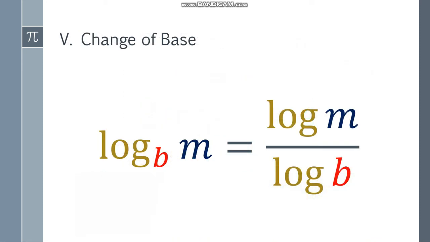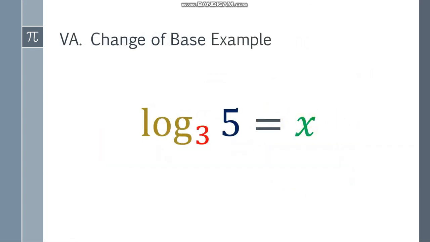All right, moving on to the next rule, change of base. What if we have log base b of m is equal to log m over log b? So you can see the base will always be at the bottom, and the argument will always be at the top. So let's have a sample equation.